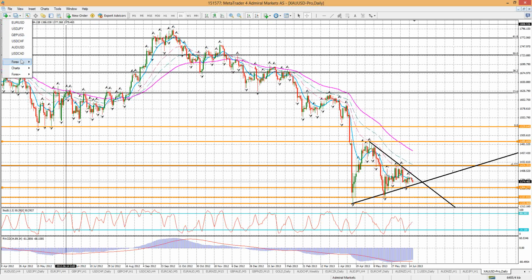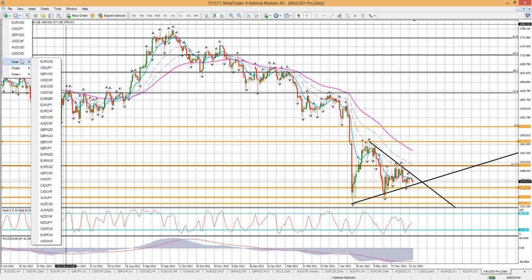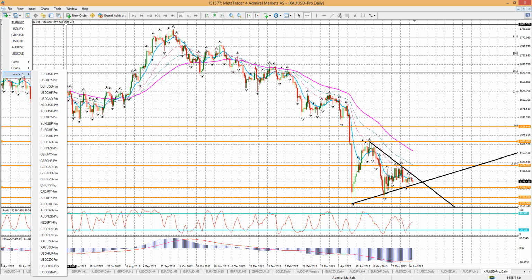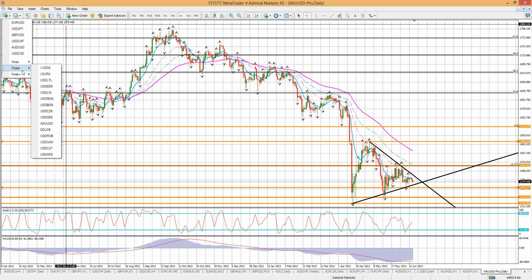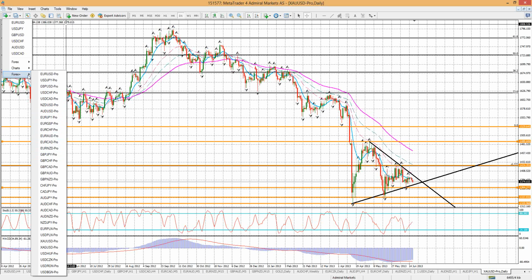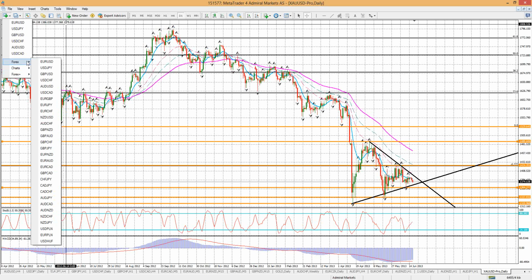Oil, I'm not sure if I have oil actually here, because I don't trade it, so I have no idea. I don't see it personally. I don't even see silver here at the moment. No, I don't.